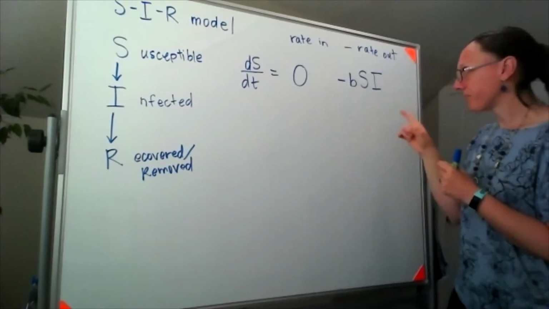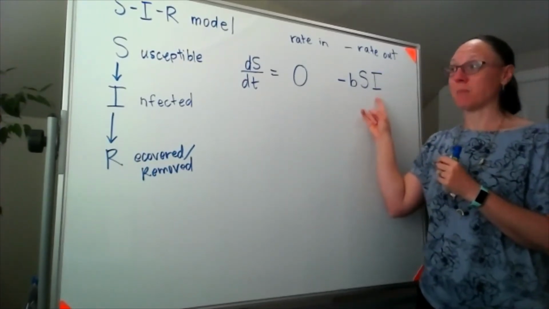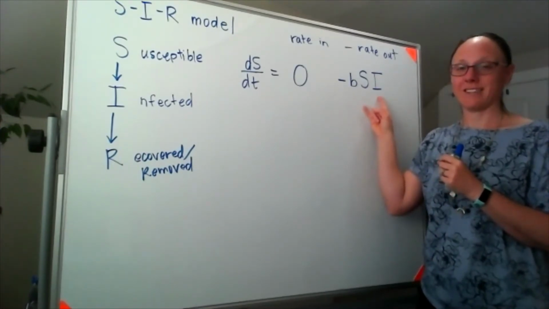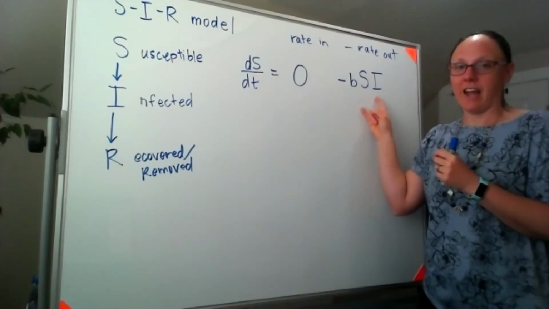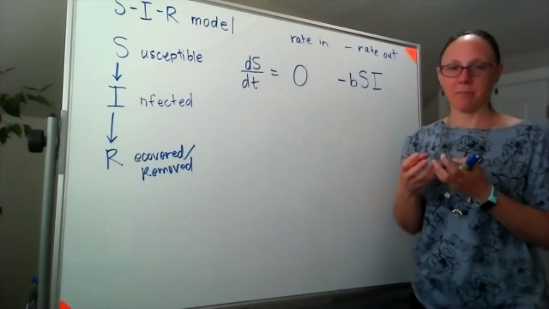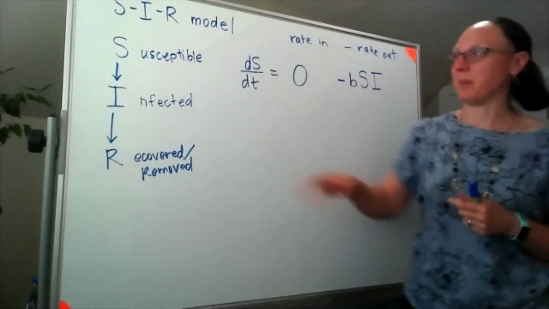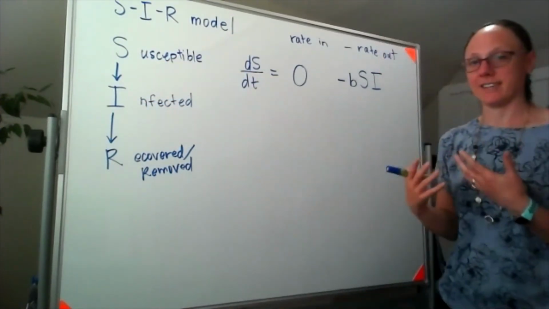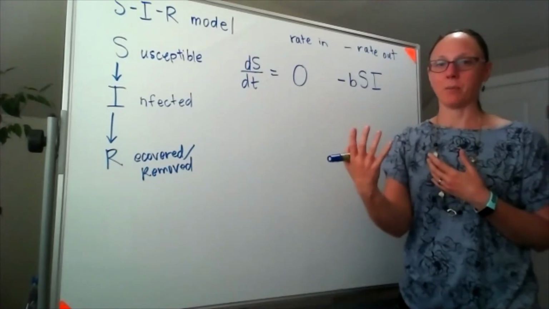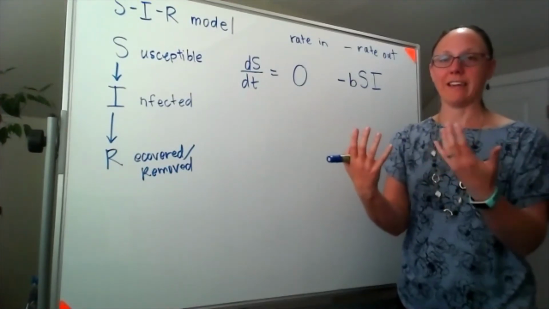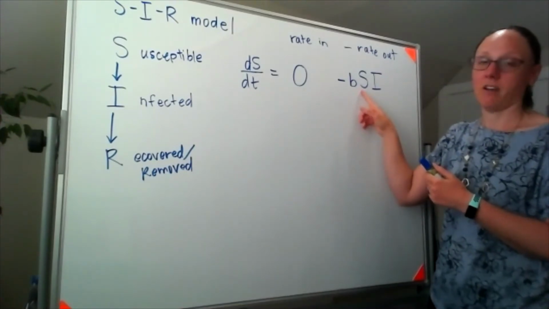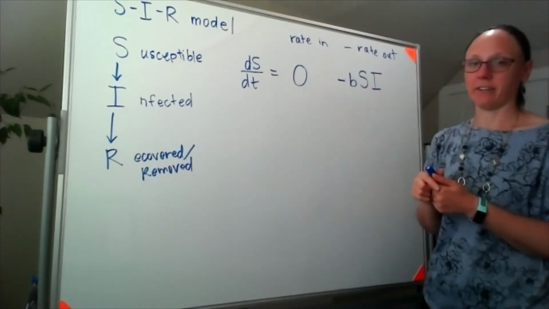Meaning, if I have a large population that's infected, then I have fewer susceptible because more of my overall population is here, not here. But in general, that transmission is going to happen because my susceptibles are interacting with the infecteds. So the rate is proportional to both the number of susceptibles and the number of infected.